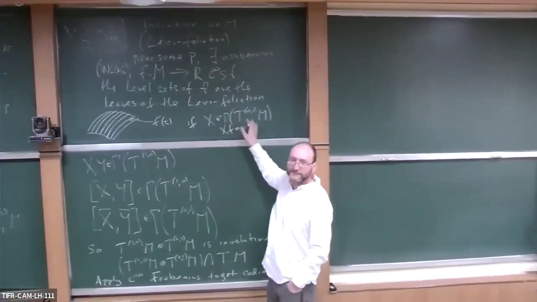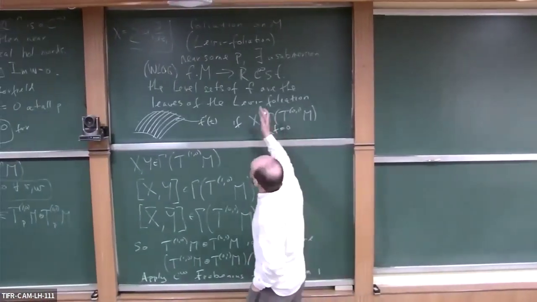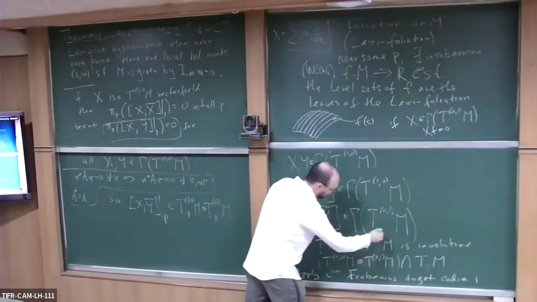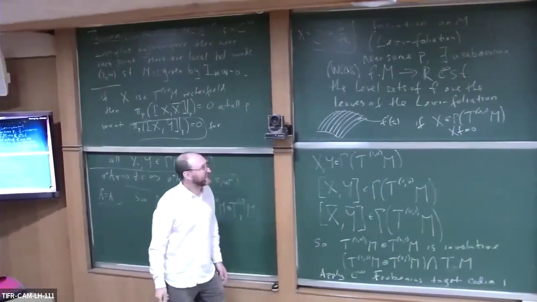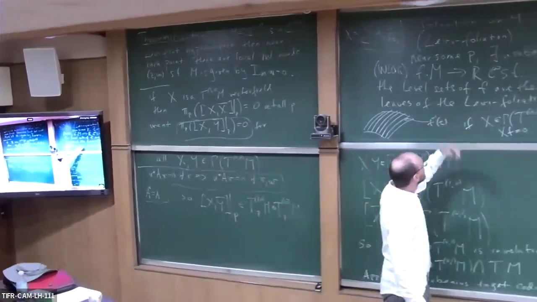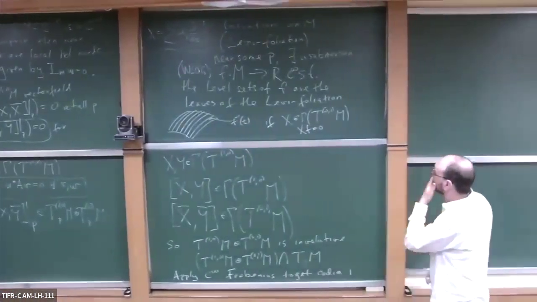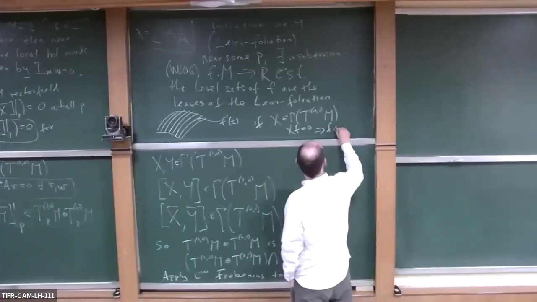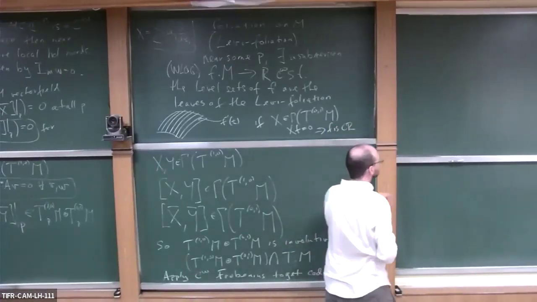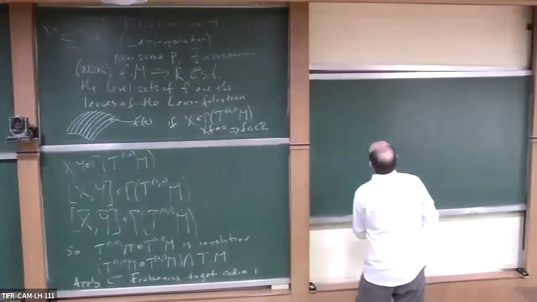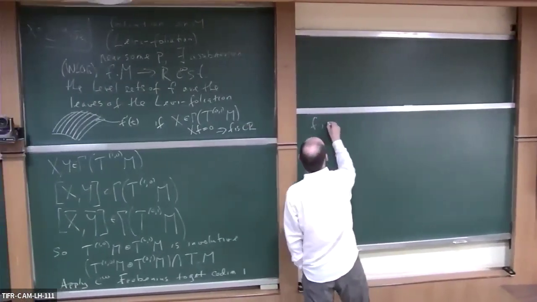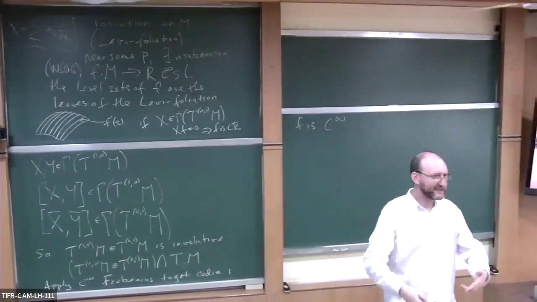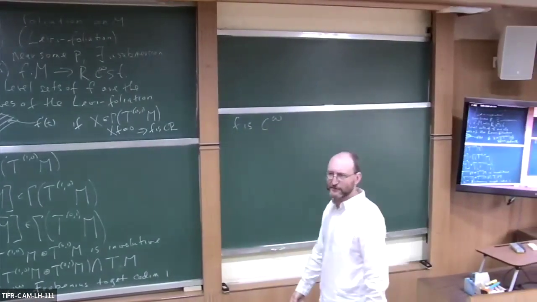In particular for these guys, but it's really for any vector field in here, right? That's what the Frobenius theorem gives us. So F is real-algebraic CR, so it extends to a neighborhood.